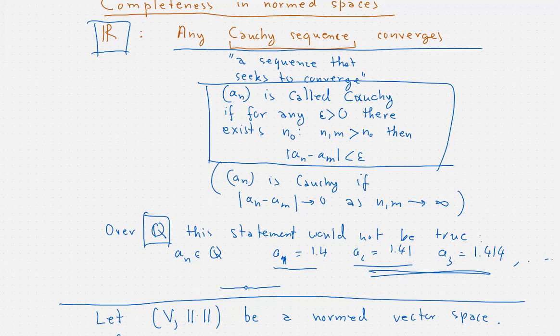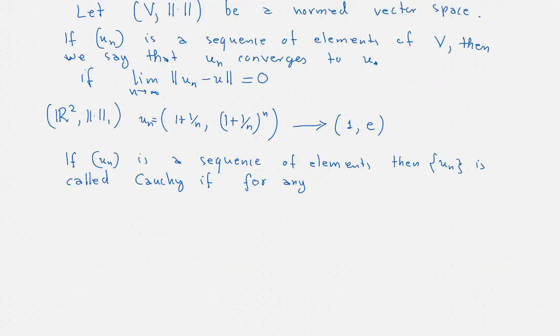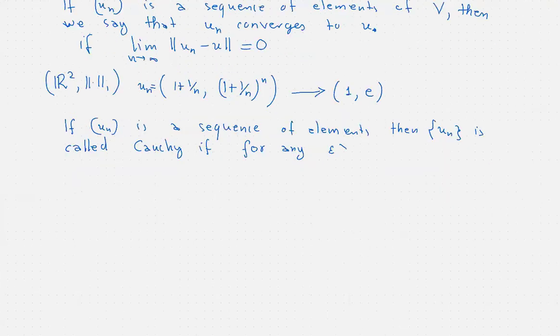If for any epsilon greater than 0, there exists an n_0 in N such that, actually, you see it's not a_n, it's u_n, right?